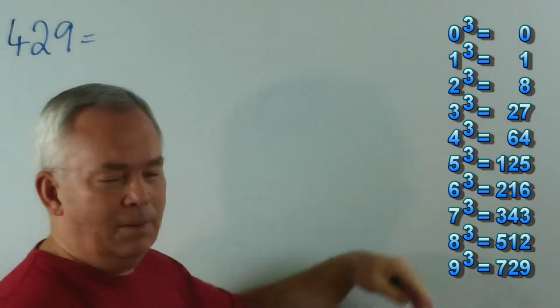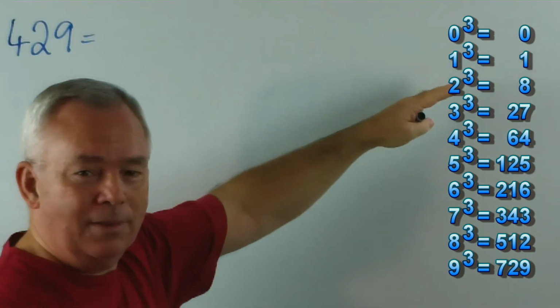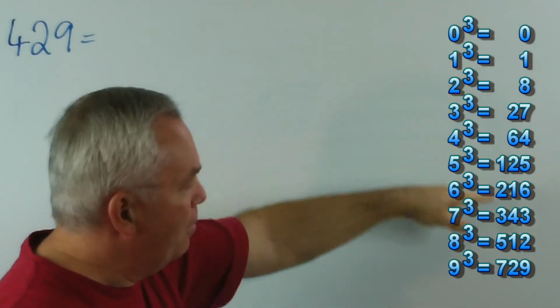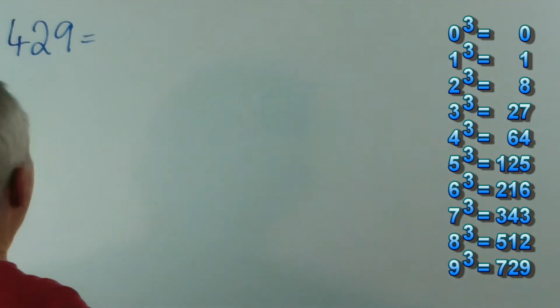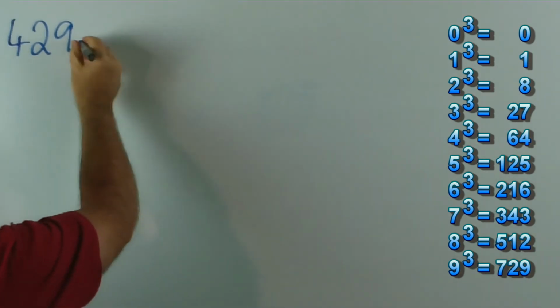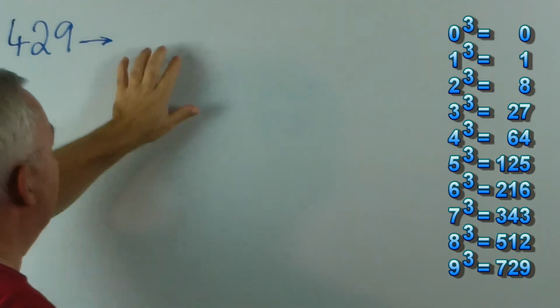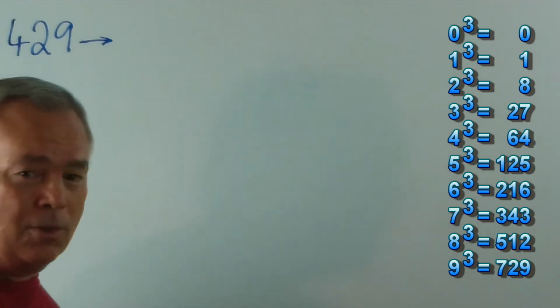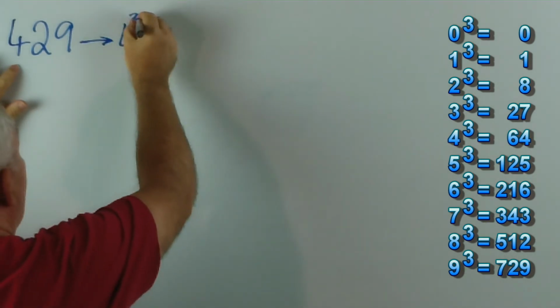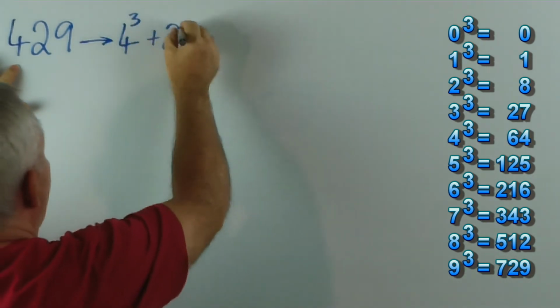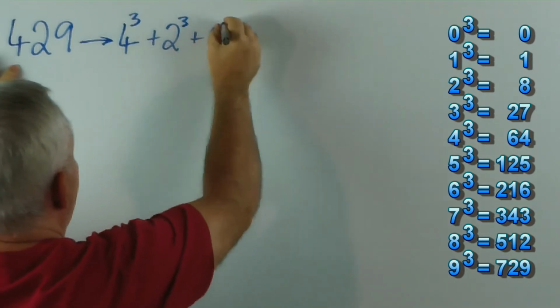Now I've learnt these, so this is blank here for me, but you can check against the numbers that I've written. What we do is we don't write equals, we draw an arrow, because what we're doing is not equal to 429. We actually pull it apart and we cube the 4 and we cube the 2 and we cube the 9.